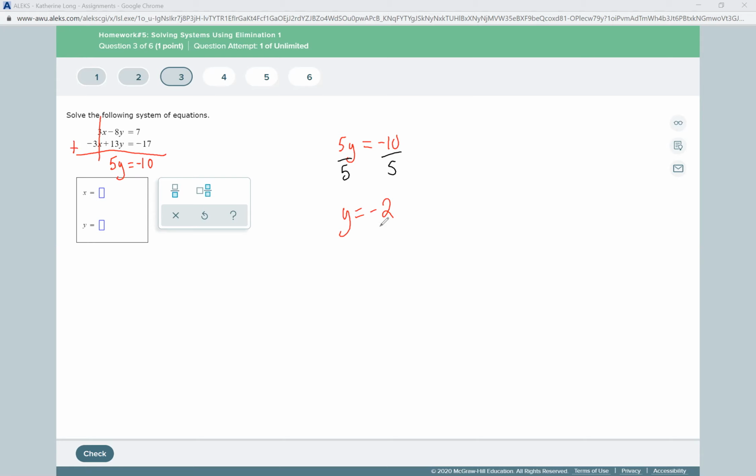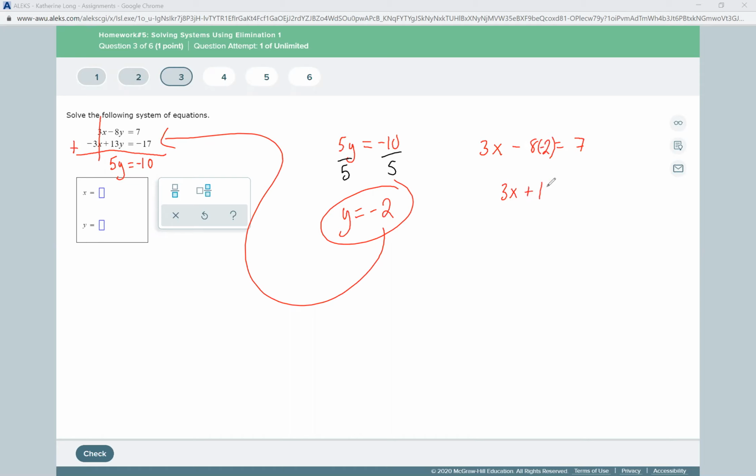Now from there, all you need to do is plug it back into either one of those equations. You could do the top one, you could do the bottom one. Usually look at it and see if there's one that's easier, but they're kind of looking the same. So instead of y, I'm going to plug in -2, right? Because y equals -2. -8 times -2 is a positive 16, so 3x plus 16 equals 7.